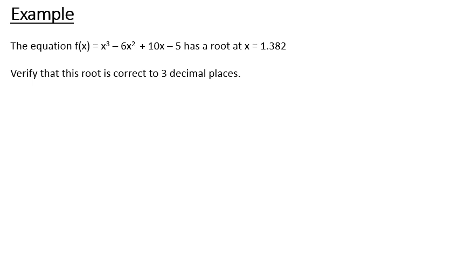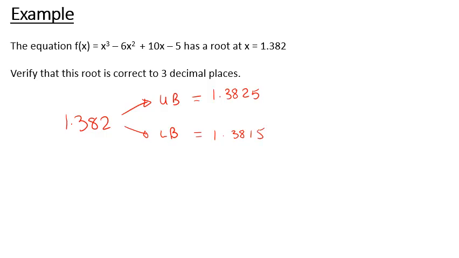The way to verify this is linked to upper and lower bounds that you would have seen at GCSE. If we take a measurement like 1.382 and we write down its upper and lower bound, the upper bound would be 1.3825 and the lower bound would be 1.3815.